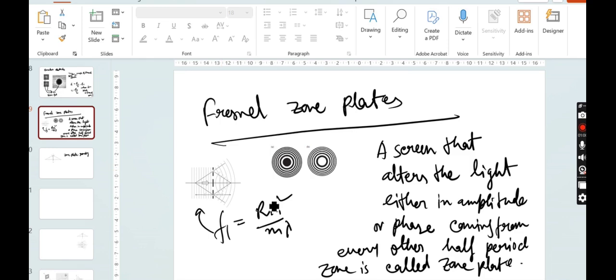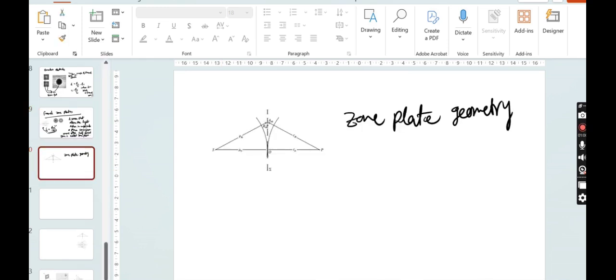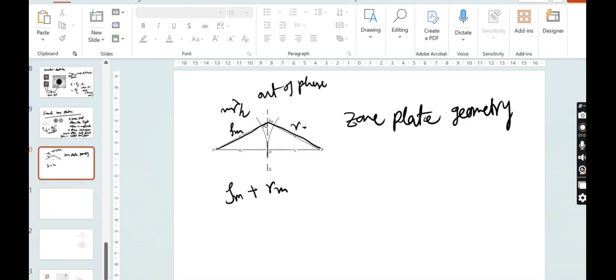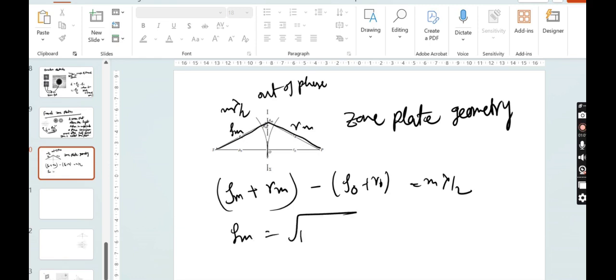And how we come to this number is that the wave that travels this path arrives out of phase by m lambda by 2 compared to this path. So rho m plus Rm, this is rho m, this is Rn, minus rho naught plus R naught equals m lambda by 2. And rho m is root over Rn square plus rho naught square.